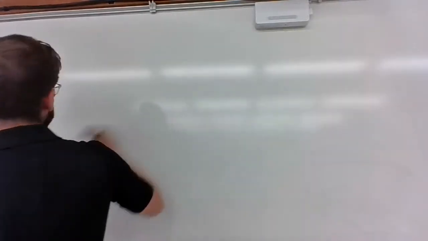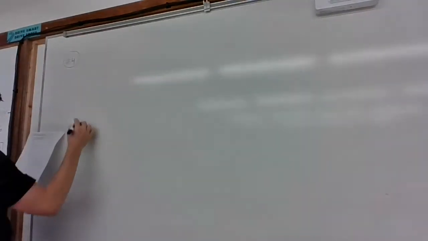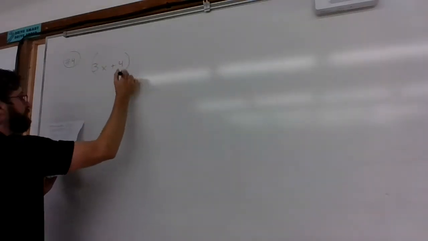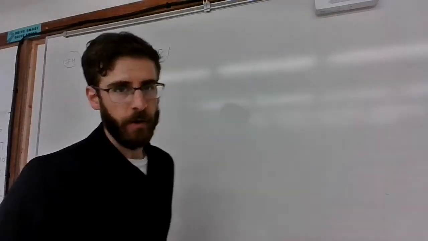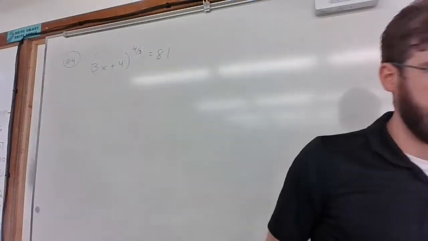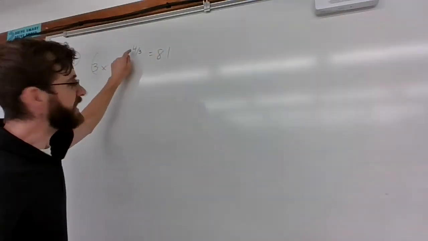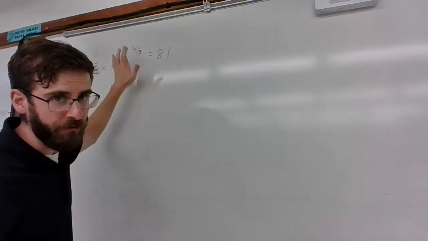Number 4. Come on over. Let's say you got 3x plus 4 to the 4/3 power, and that equals 81. So let's see if we've learned anything from that previous set of examples. You've got a power to the even over odd.